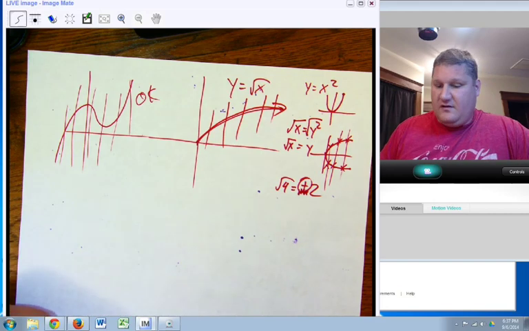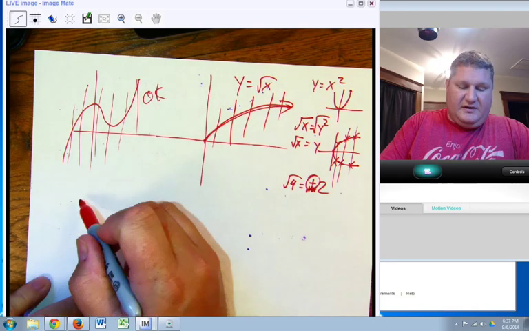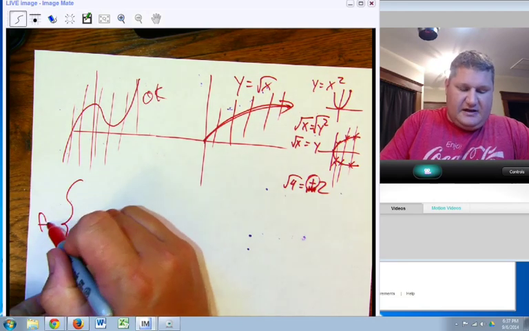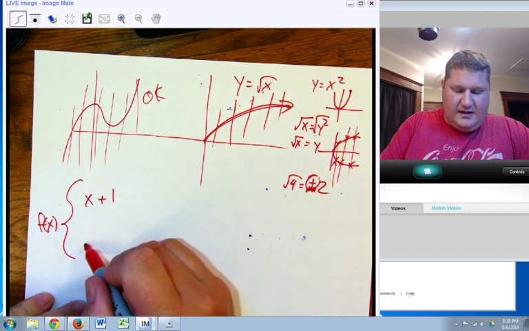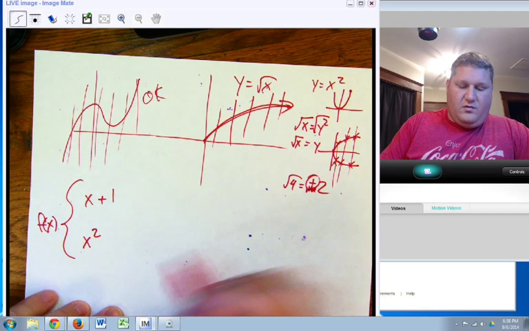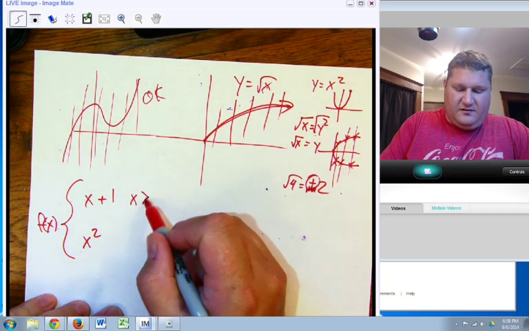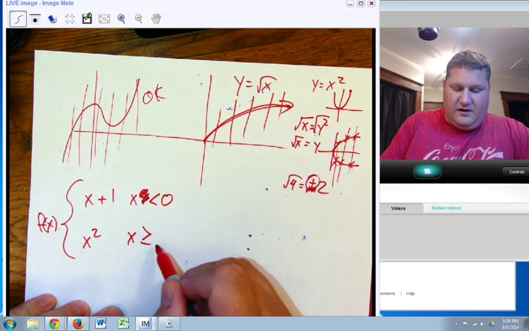With that, we now need to deal with piecewise functions. Well, a piecewise function could be something like this. x plus 1 and x squared. This is where x is less than 0, and this is where x is greater than or equal to 0.